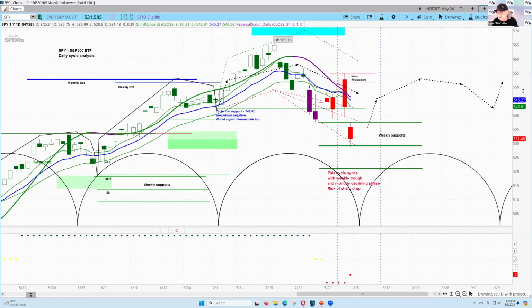But that's just my gut feel from 50 years of trading and looking at these, and I trust my gut. So again, the momentum right in here, the slim ribbon turning negative right here, and the option bias indicator telling you that you should really still be thinking about biasing to the short side.